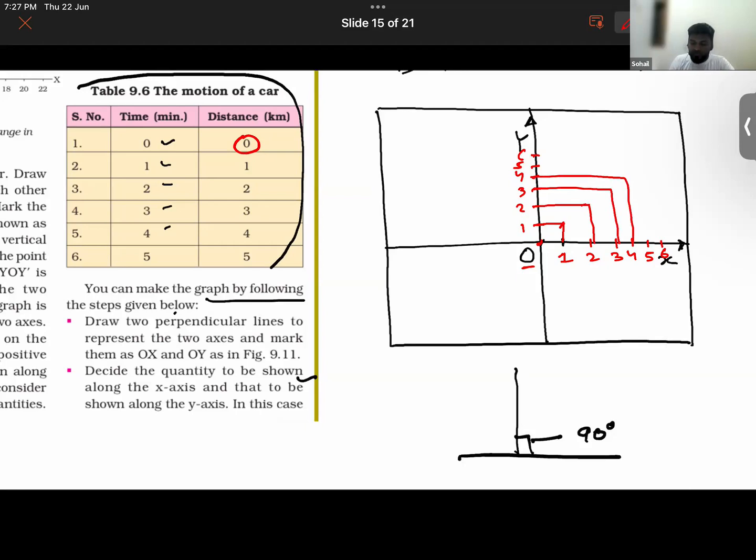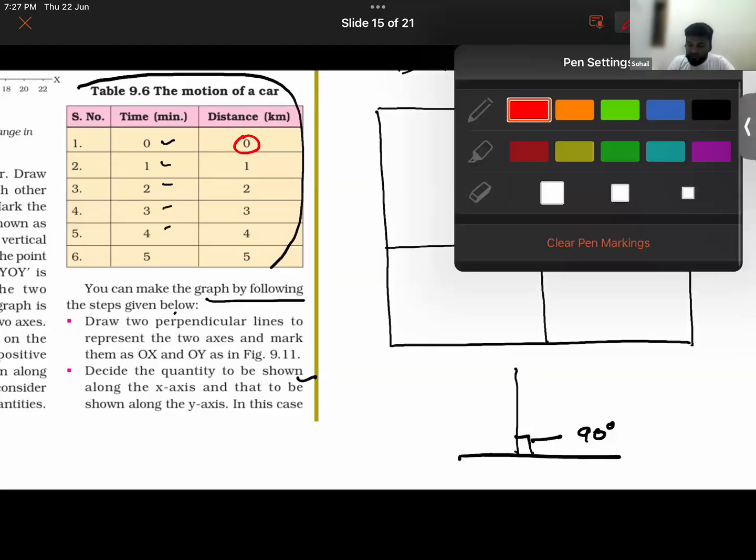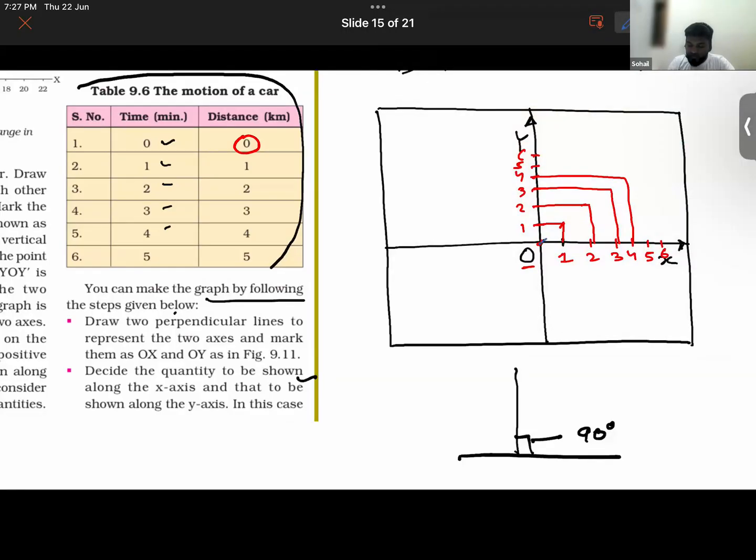Now, when you have drawn corresponding lines for all the values, starting from the origin, you will try to join all the points like this. That line will give you the slope of the graph, and that will represent speed. It might represent other values as well for different types of graph.